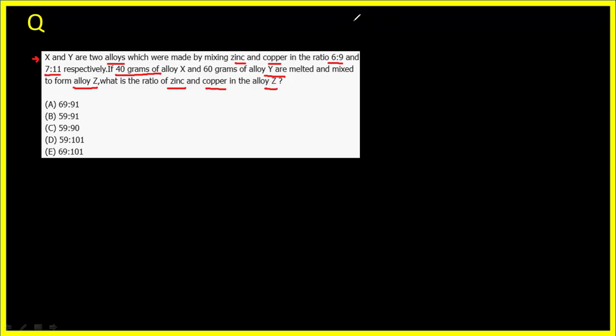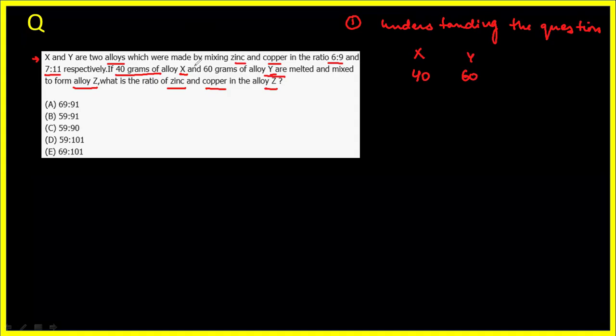So let's understand. That's our first step, understanding the question. We understood that there are two alloys, alloy X and alloy Y. Alloy X is 40 grams, and alloy Y is 60 grams.